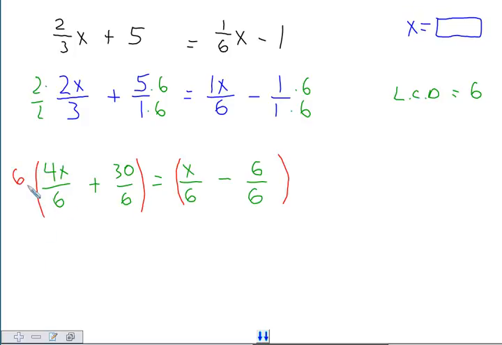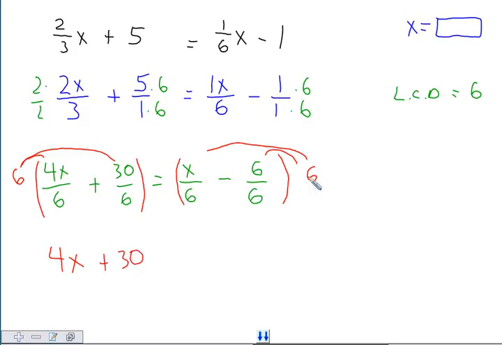If I were going to multiply both sides by 6, I'm going to have to distribute to do that. Then when I multiply 6 by 4x over 6, my 6's are going to cancel out. And I'm just left with 4x. If I multiply 6 by 30 over 6, multiplying by 6 and dividing by 6 cancel each other out, and I'm just left with 30.